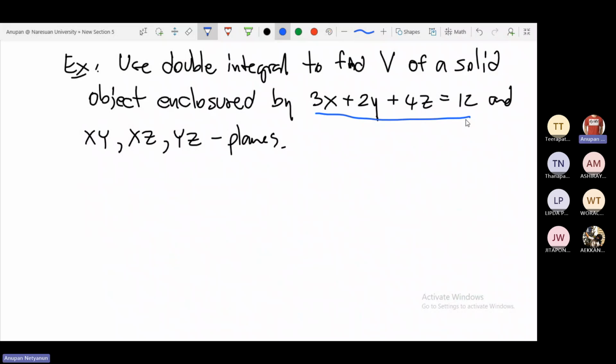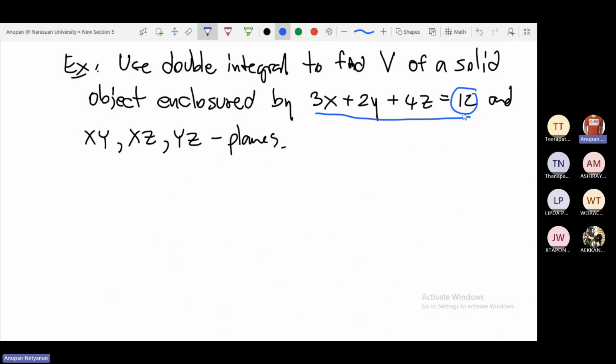Is it passing through the origin or not? Remember? The answer is no, right?